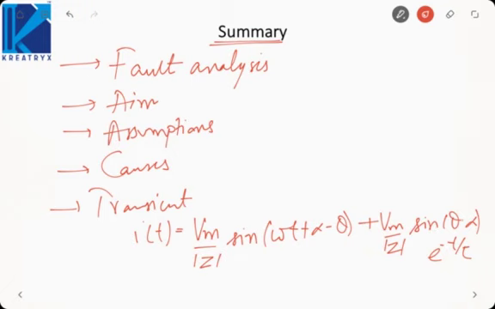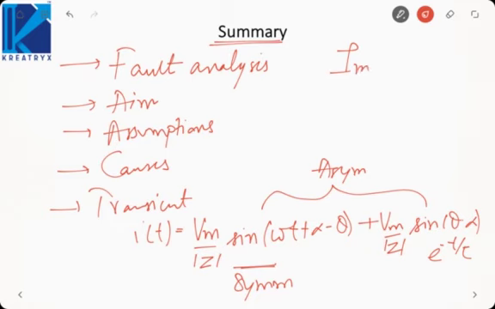Then we saw the symmetrical current. This is your symmetrical, and overall is called as asymmetrical. Then we saw maximum momentary current, which in the worst case was equal to 2 Vm by mod Z. But practically it will be less than this because we made a lot of idealities or assumptions while calculating this value. Okay.